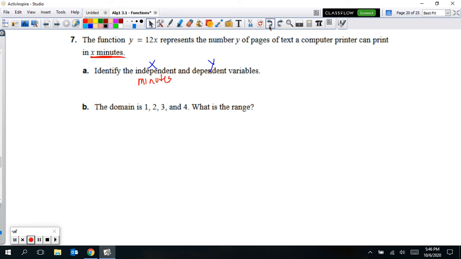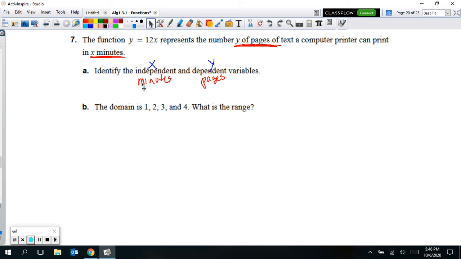So x is the minutes, that's the independent variable, how many minutes it's going to take to do the printing. And then the dependent variable, it says it right here, y, number of pages. So the dependent variable is the number of pages you would print, and minutes is the independent.